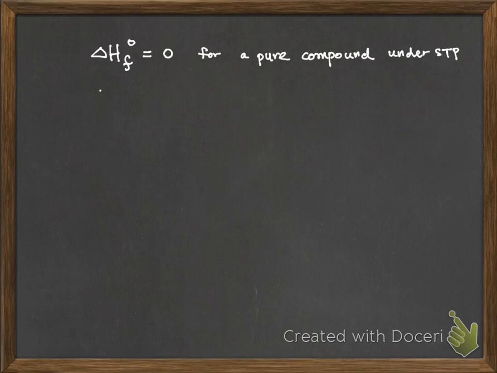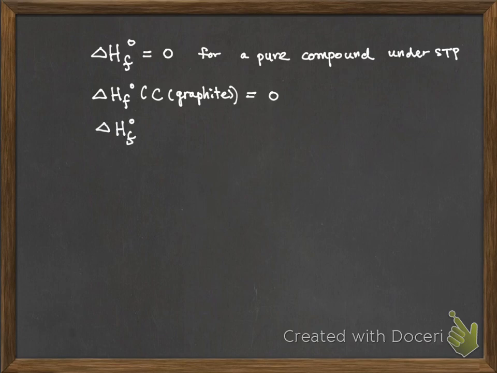So for example, delta H formation of carbon, graphite is typically a pure form of an element, and by its own definition it is 0. Another useful one is the pure form of oxygen, which is oxygen gas under standard state.